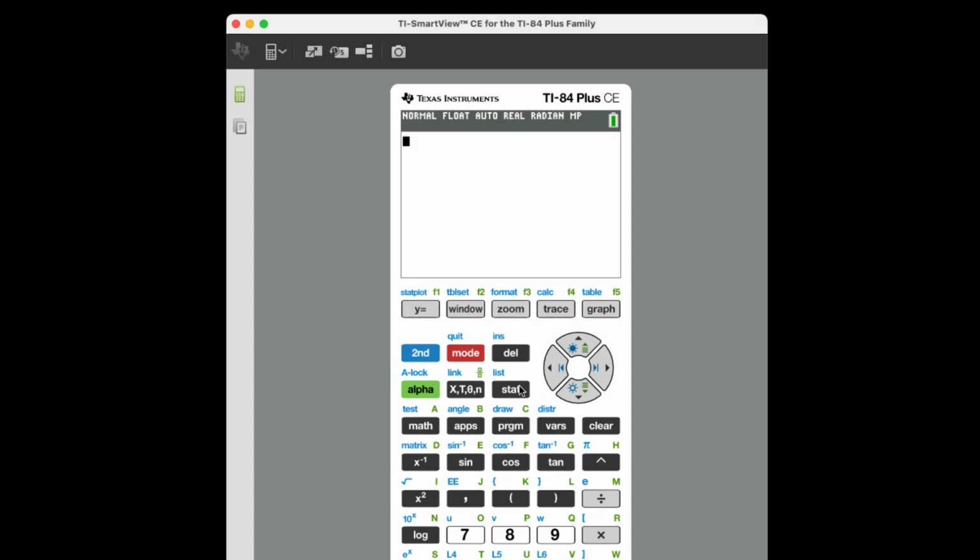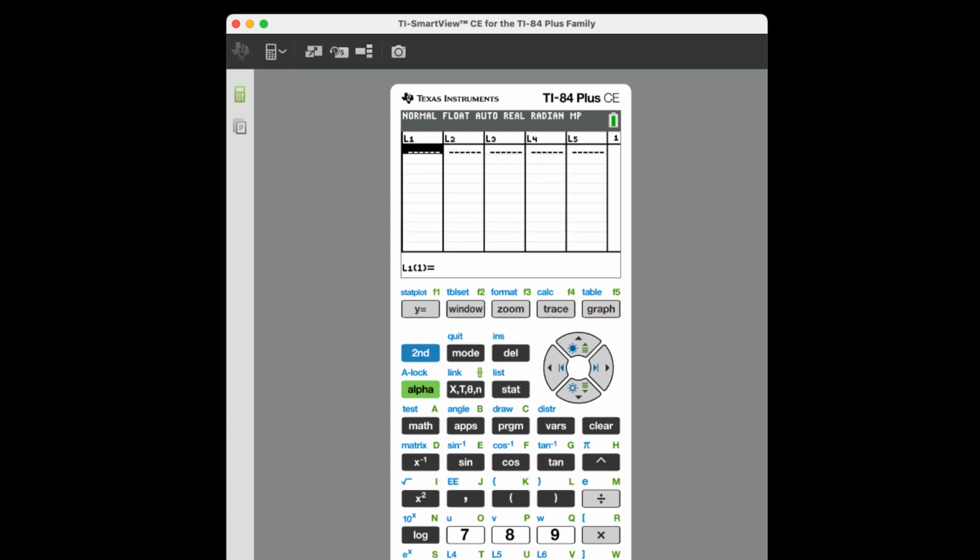Okay, we go to Stat, Edit, and number 1 is Edit, right? So we're going to enter this. It's already empty, so I'm going to enter these values. The first one is what? 4. Okay, and then what? 0. Just carefully enter them. 6, 4, 8.